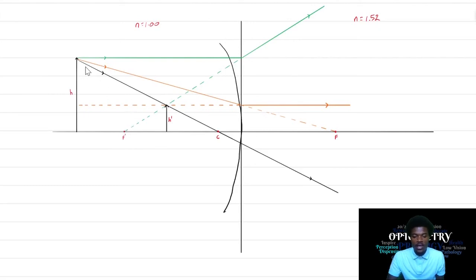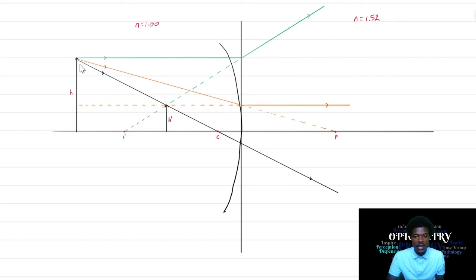What does our second line do? Our second line runs through the focal point, or rather the primary focal point of the surface, of the refractive surface. However, as we can see, as it refracts here, it actually refracts or diverges parallel to the optical axis.